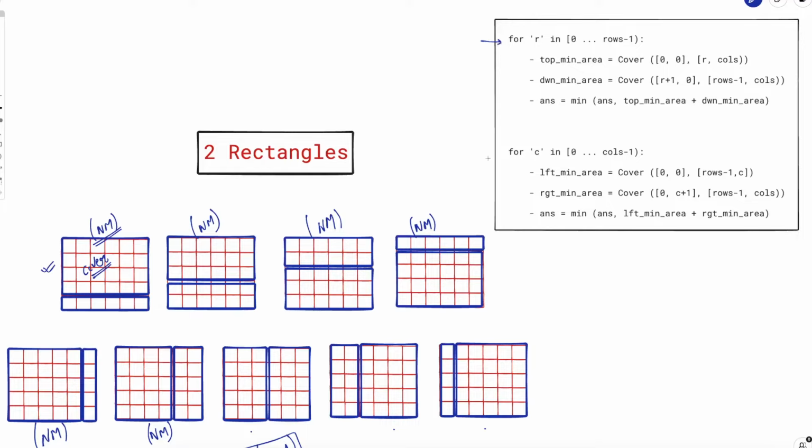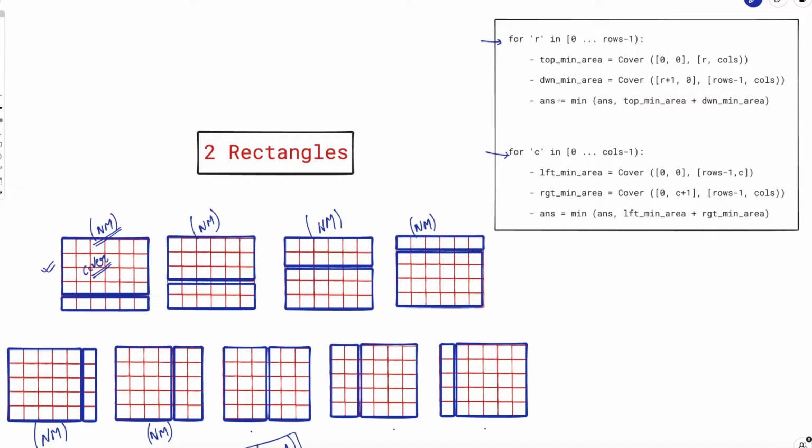We will try out all possible vertical partitioning. For each horizontal partitioning, we will figure out the minimum area of the top side and the minimum area of the downside, right? And we will simply sum them up to get the minimum area of the two rectangles that can cover all the ones in the complete grid, right?